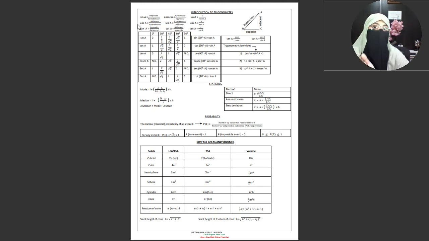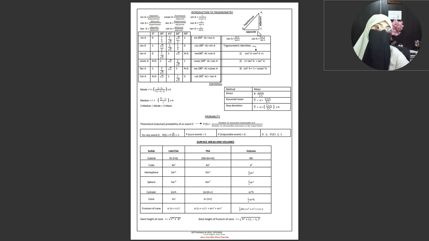Vice versa will be for the angles which are complementary to it: cosec theta, secant theta, cot theta. These are the ratios which you need to remember, and this is the triangle which will help you to find the sides. Opposite is the BC side.